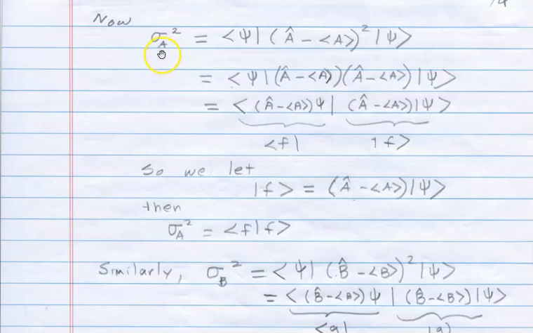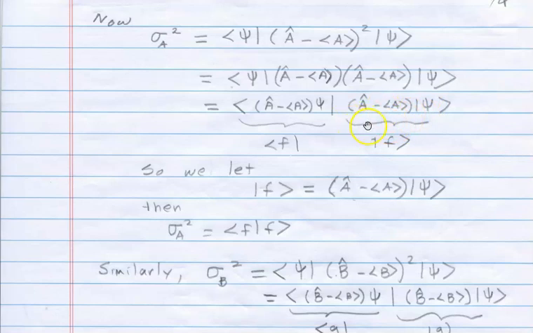The standard deviation of a squared is just this, and I can write the squared operator as just the operator times itself. And now I can associate this one over here with this psi, and that brings it into the bra. And this one over here, I associate with operating onto the ket.